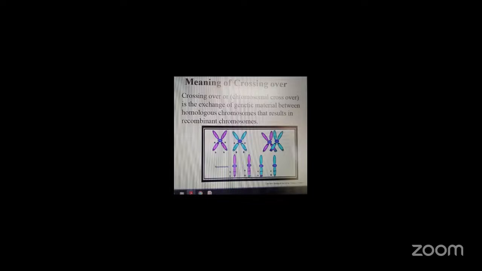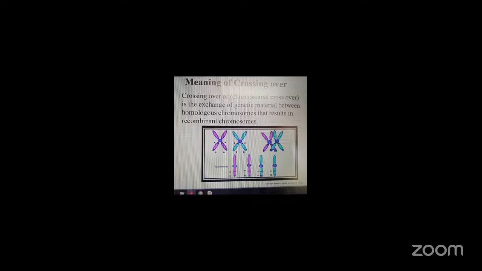So what are the characteristic features of crossing over? Crossing over occurs between non-sister chromatids. One chromatid from each of the two homologous chromosomes is involved in the crossing over.